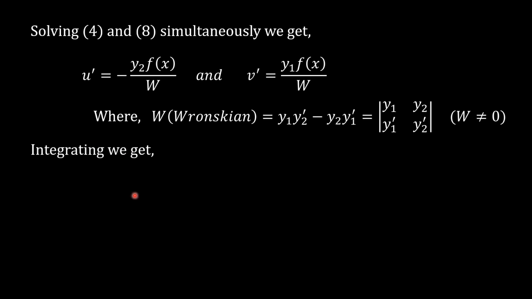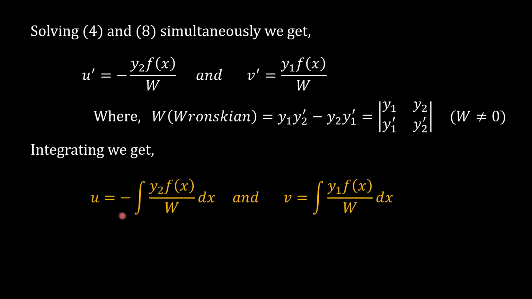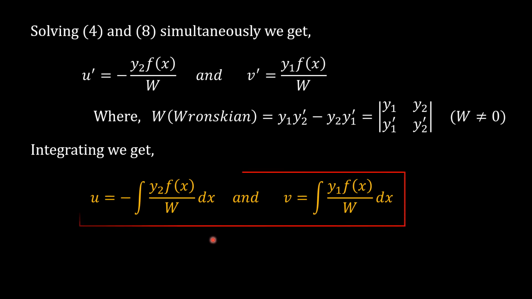So integrating, we get u is equal to minus integration y2 f(x) upon W dx, and v is equal to integration y1 f(x) upon W dx. So these are the formulas for the unknown functions u and v, using which we can obtain their values and hence the corresponding particular integral.